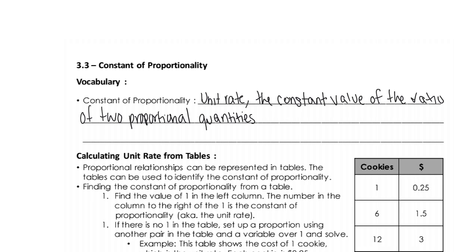So we're comparing two proportional things, and essentially what we're doing is finding the unit rate. That's really important. It's really just the unit rate.